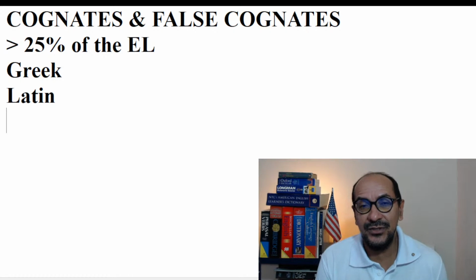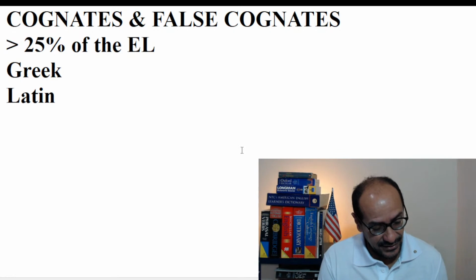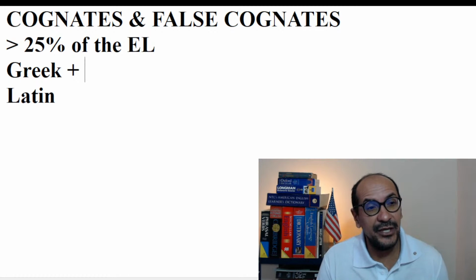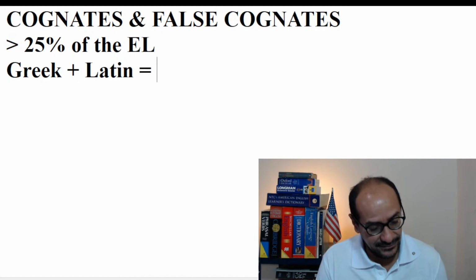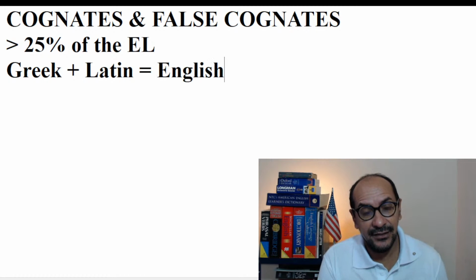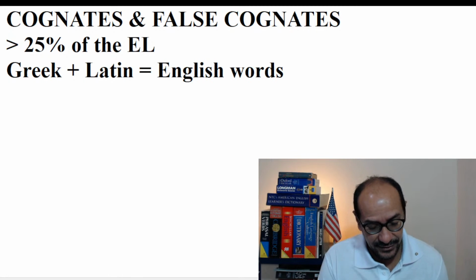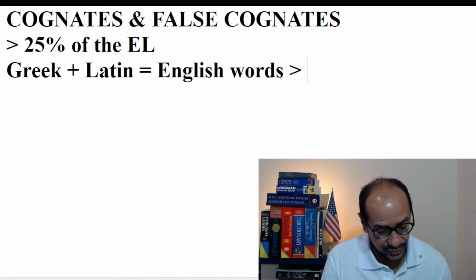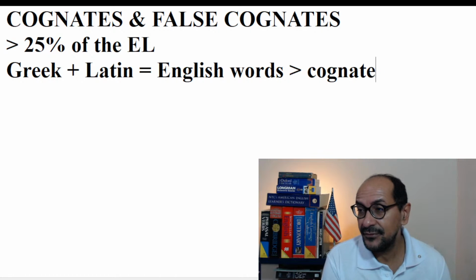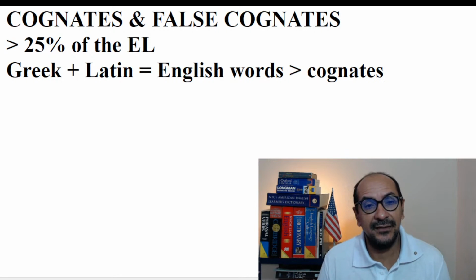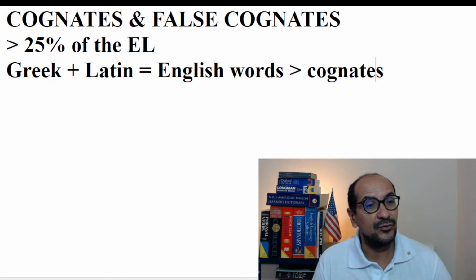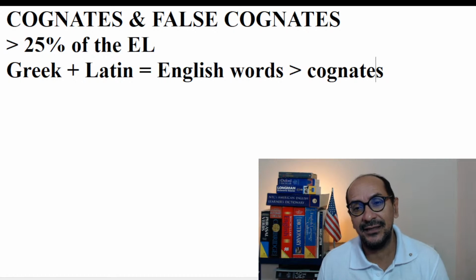So just like Portuguese. When you have these, let me put it like an equation: Greek plus Latin, and then you have some, let's say, English words, and then they lead to cognates.